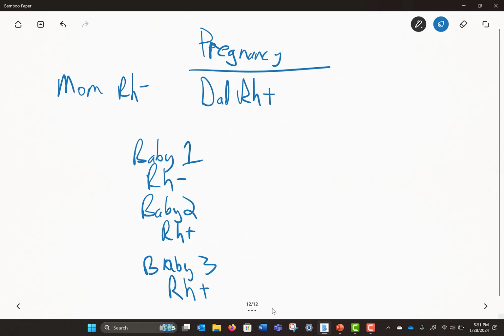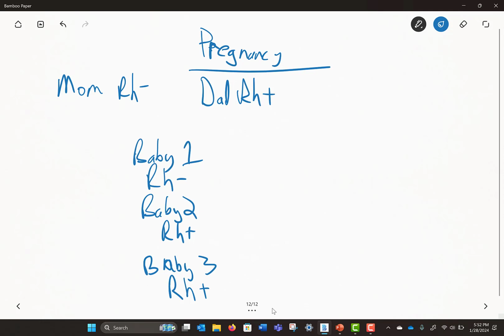That is when mom is Rh negative and has previously delivered an Rh positive baby. So it would be an issue for an Rh negative mother on her second or later Rh positive baby.